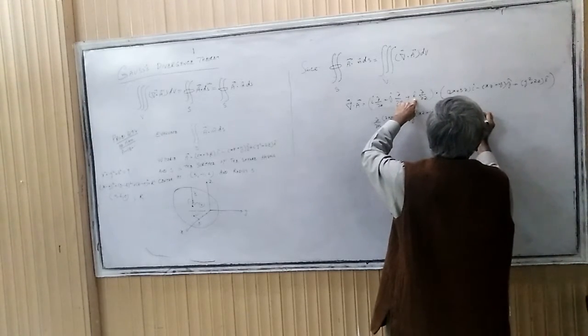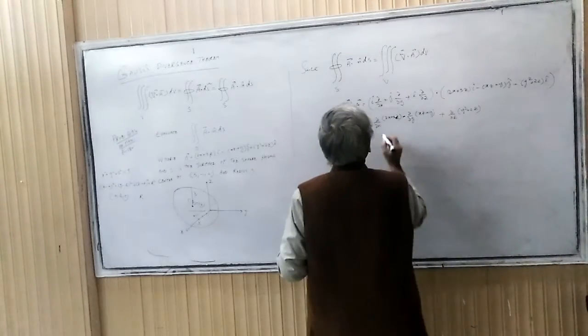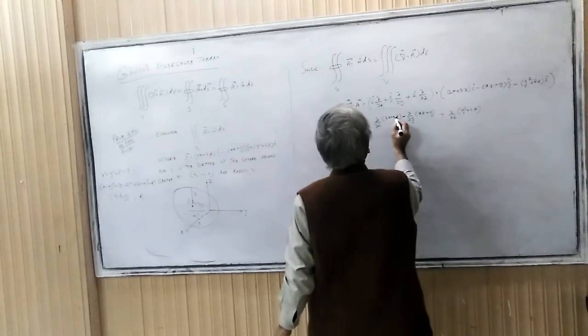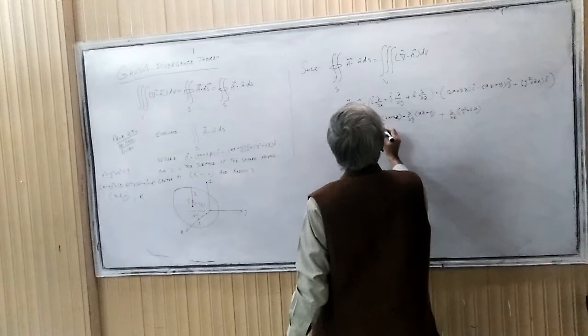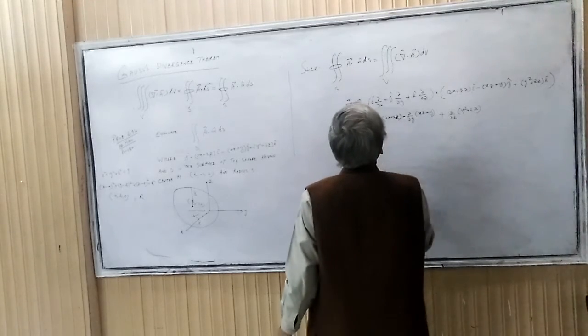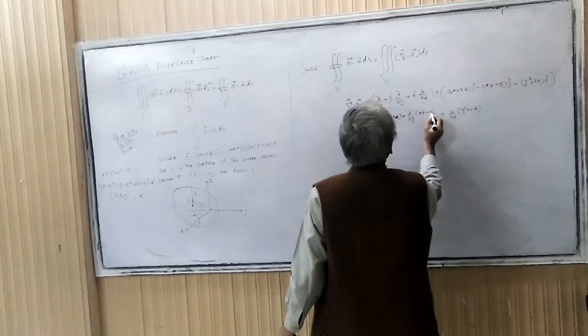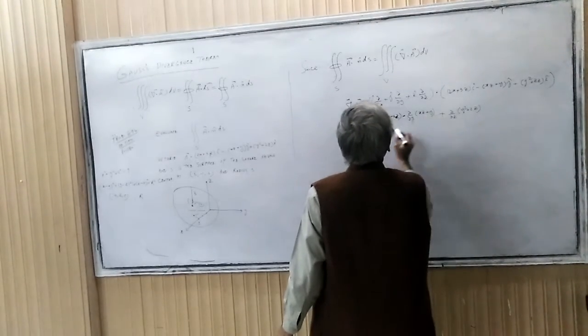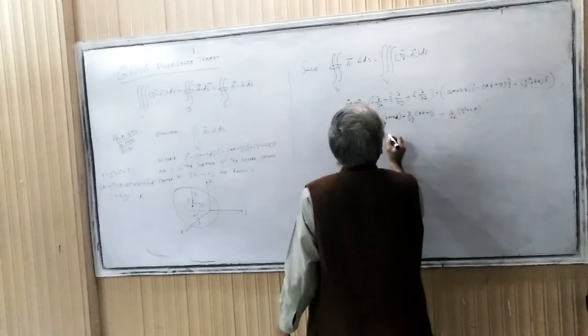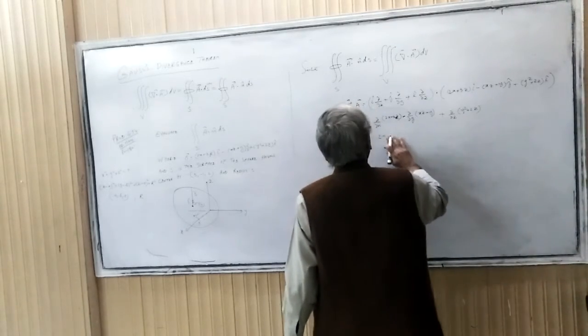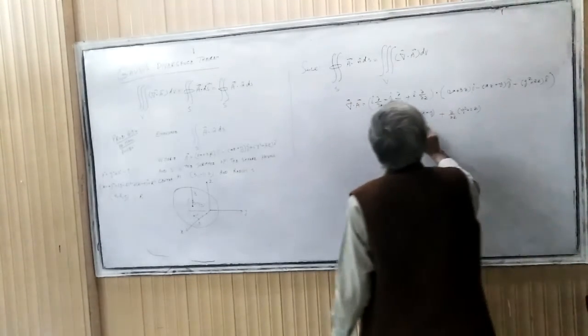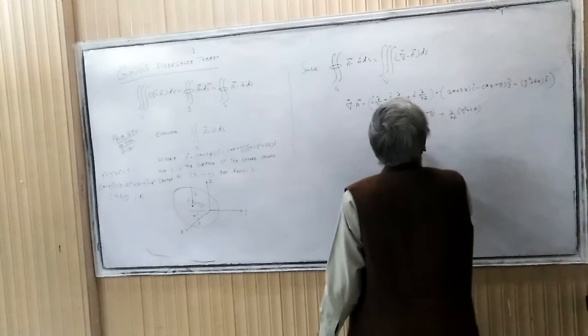Calculate that. This differential will be 0 because it is with respect to x, so you will get 2. Here this will be 0 and the answer is minus 1, because delta over delta y of y is 1, with the minus sign.